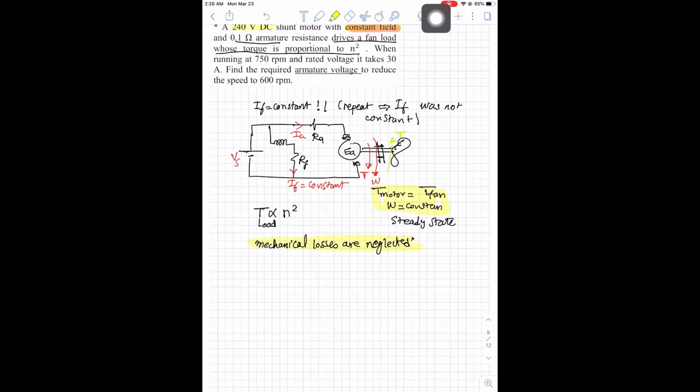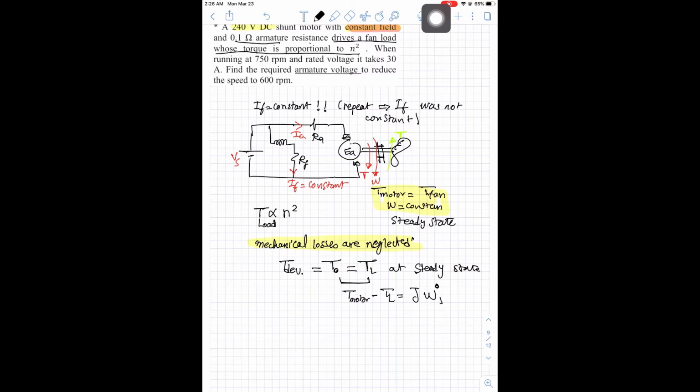So the mechanical losses are neglected, and if we are neglecting the mechanical losses, this means that T developed equals T output equals T load at a steady state. So T out equals T load, so we don't have any acceleration, because T coming from the motor minus T coming from the load equals the inertia multiplied by the acceleration.